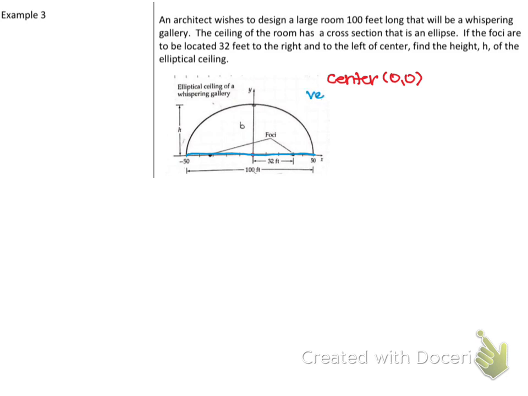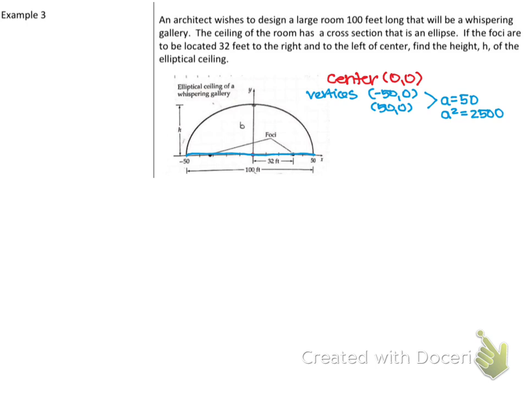Okay, so vertices are at (negative 50, 0) and (50, 0), which means a is equal to 50, which means a squared is equal to 2,500.